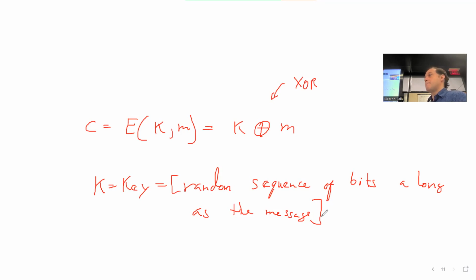Does that make sense? All right, so that's kind of where it's coming from. So it's coming from Claude Shannon. Okay. All right, so we're going to conclude with that part.